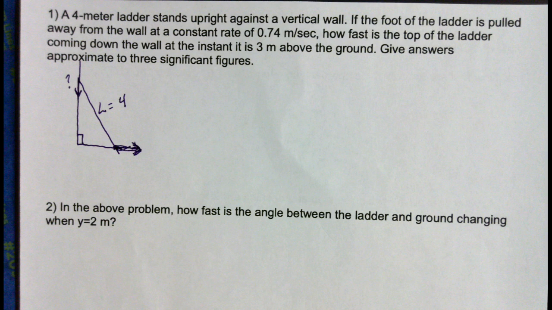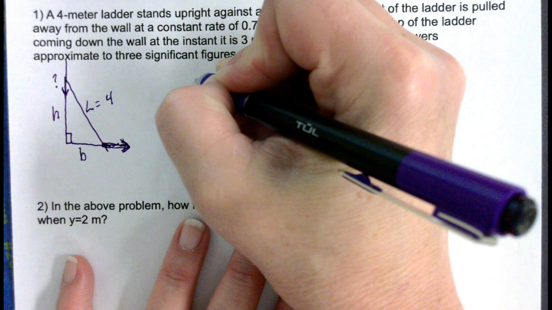So I can go ahead and make a fool of myself: 16 equals H squared plus B squared. That's always fun. Because, do you want 3 variables, or are 2 variables quite enough?